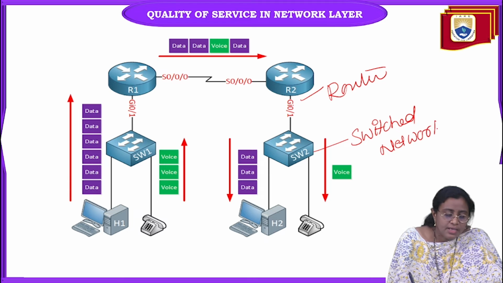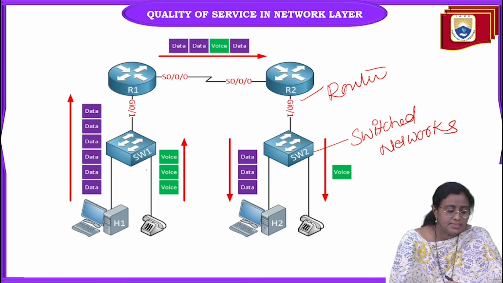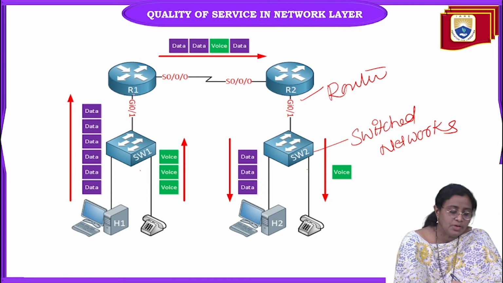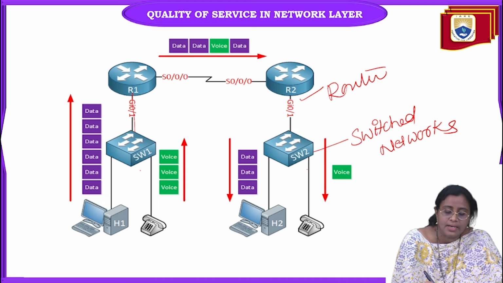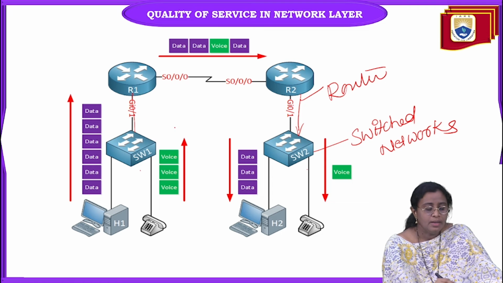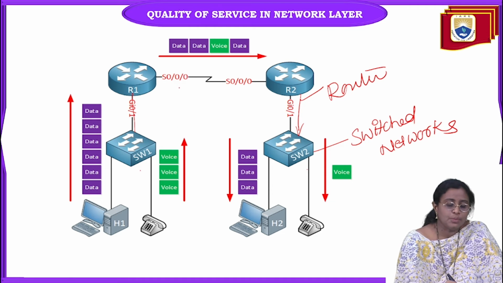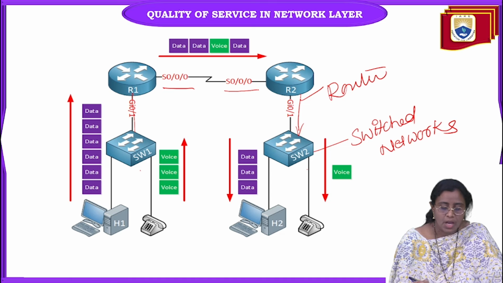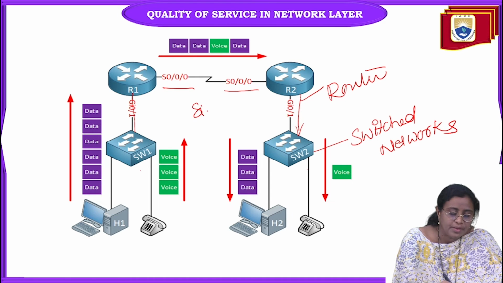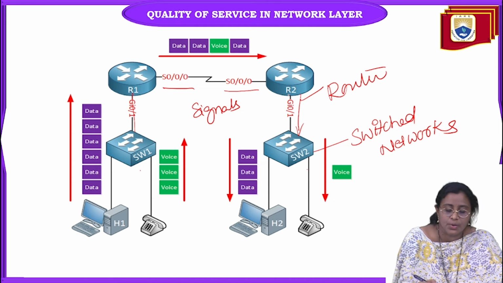Here you can identify switch network 1 and switch network 2. Router 1 will be connected to router 2 with some capacity of network, and here the system outputs. The data will be transmitted by means of signals from one router to another router.